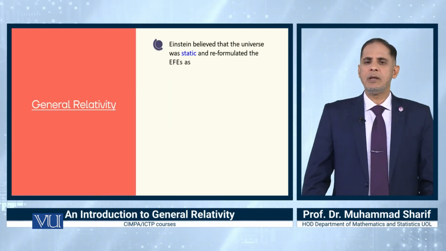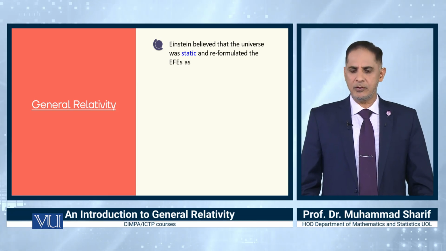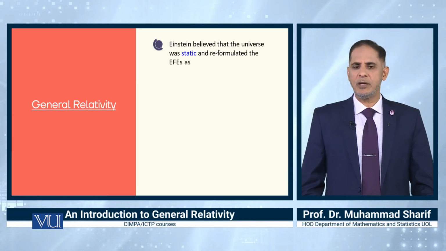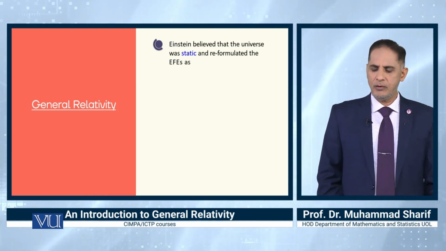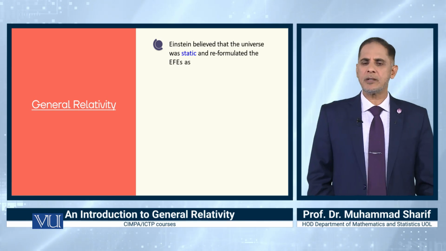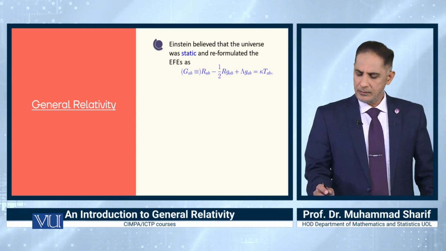Then Einstein believed that this universe is static. Before applying it to cosmology, this was the belief of Einstein, that the universe is static. So, in fact, he reformulated the field equations by introducing a term, this term.